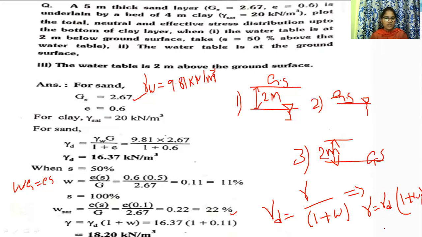Gamma D we already determined as 16.67, and the water content 0.11. So the unit weight is equal to 18.20 kilonewton per meter cube.